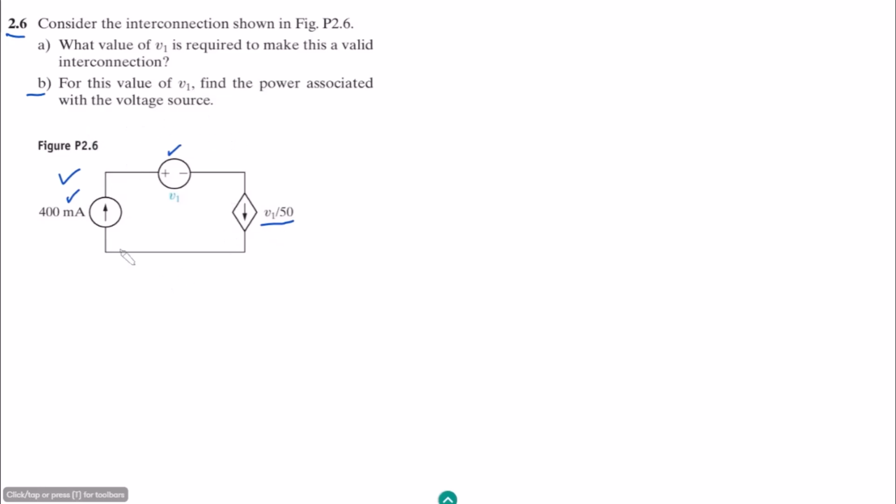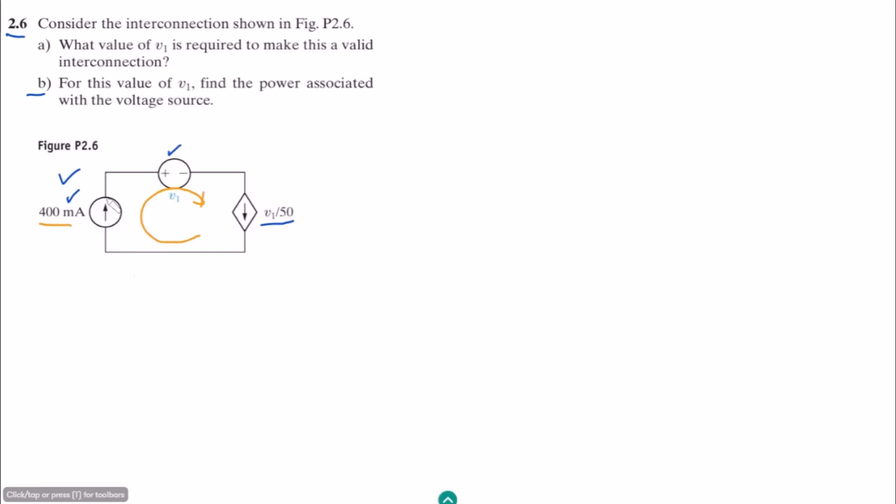So in this series circuit, the current remains the same to make this and this equivalent. If this 400 milliamperes is flowing through this circuit, these two current sources should have the similar value.